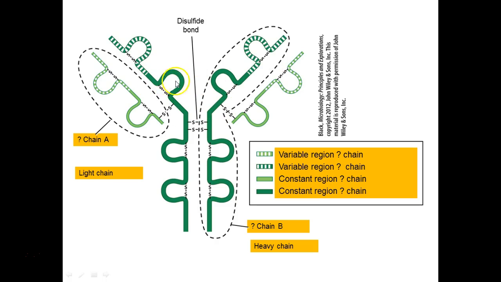But notice the solid colored sections are what they say are constant, which means that portion doesn't change much. And if you look, where are the bonds? Where are those disulfide bonds? So here's one, holding the heavy chain to the light chain. If the amino acid sequence in this area and this area wasn't such that disulfide bonds could form, would the heavy chain and the light chain bind with each other?